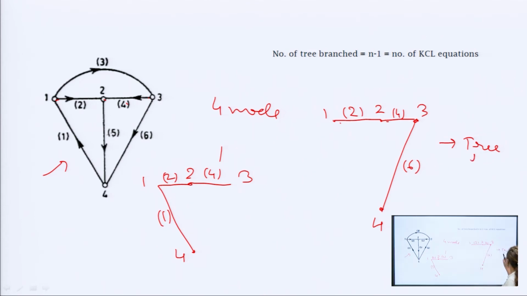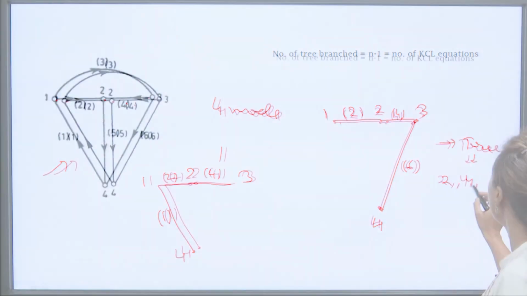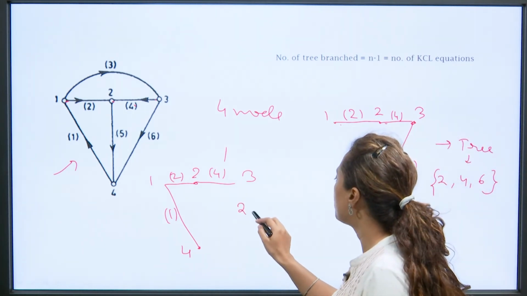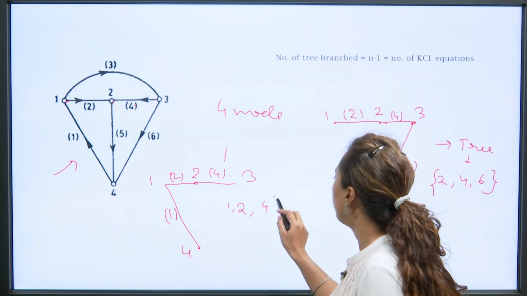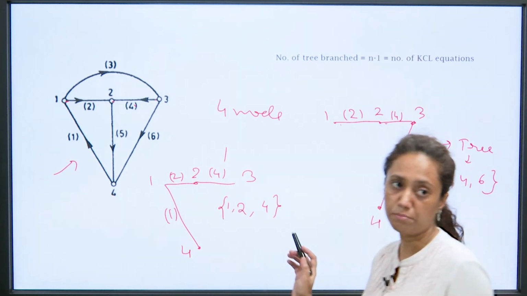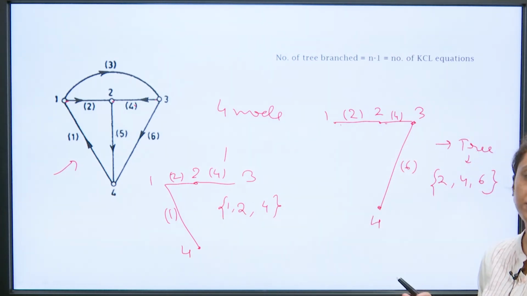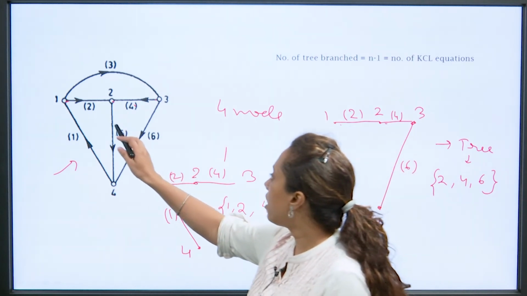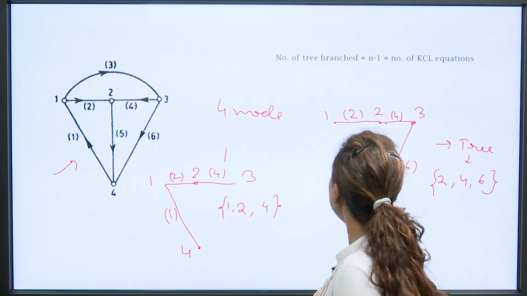So, the tree here is 2, 4, 6; this is one tree. This combination constituting 1, 2, 4 is the second one. The main basic property of a tree is that it should have all the nodes and there is no closed path between them.